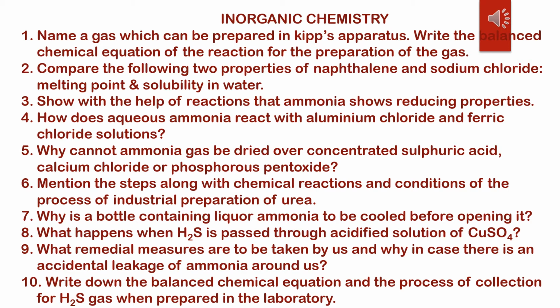Ammonia gas cannot be dried over calcium chloride because it reacts with calcium chloride chemically and forms an additive compound. That is CaCl2 + 8NH3 will form CaCl2.8NH3.